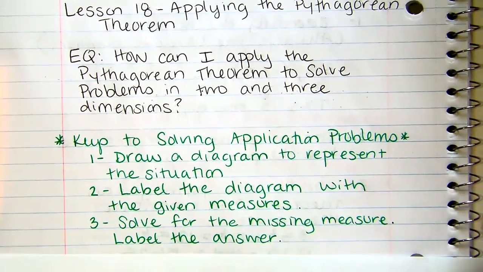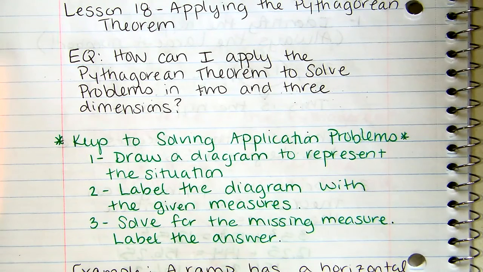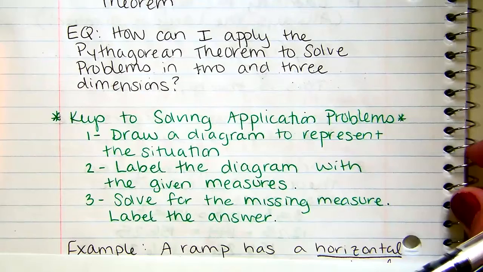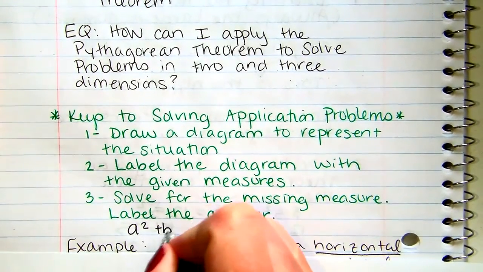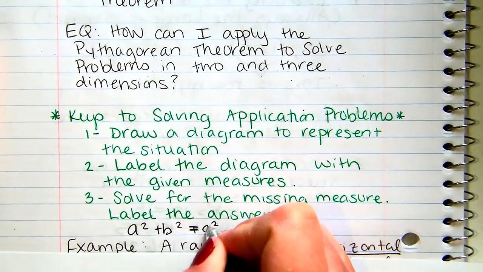This means ultimately when we get our answer, we're going to need to use that unit of measurement. We're going to need to label it. Okay, so that's it. We're going to be using the Pythagorean Theorem to solve these. So as always, please make sure that you have that listed. And that is a squared plus b squared equals c squared.